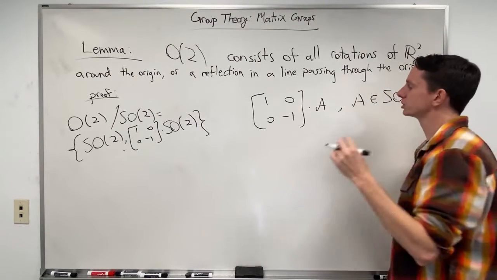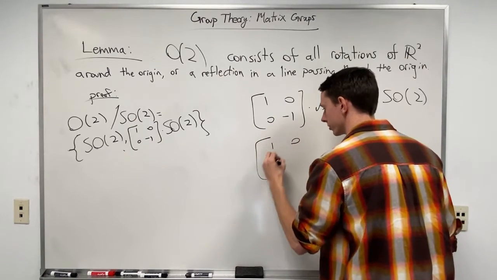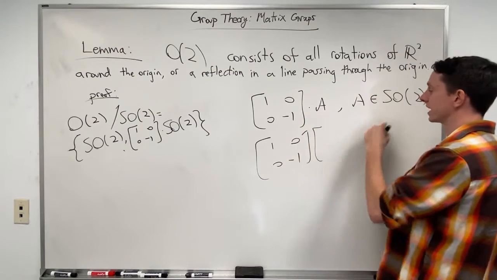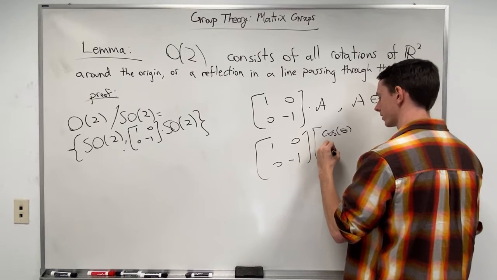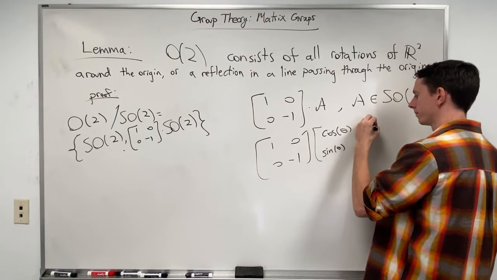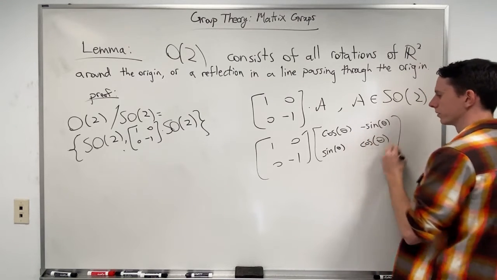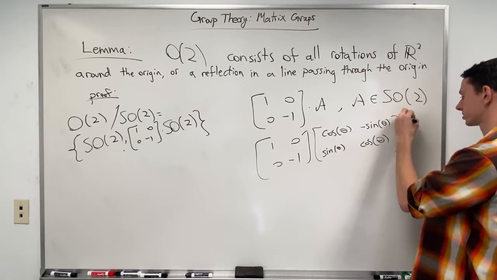And if you can imagine we have this matrix, 1, 0, 0, negative 1, times some matrix in SO2, which I can just write generally as cosine theta, sine theta, minus sine theta, cosine theta. We just showed that any matrix in SO2 can be represented like this.